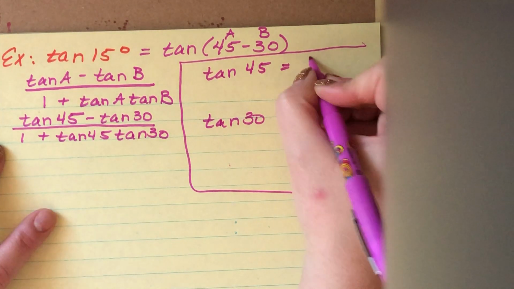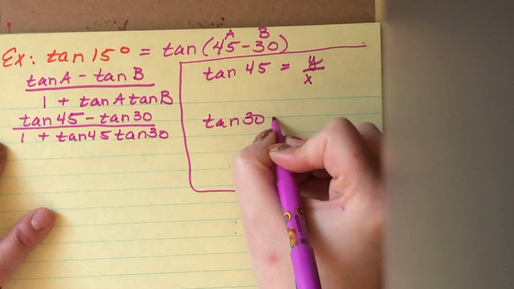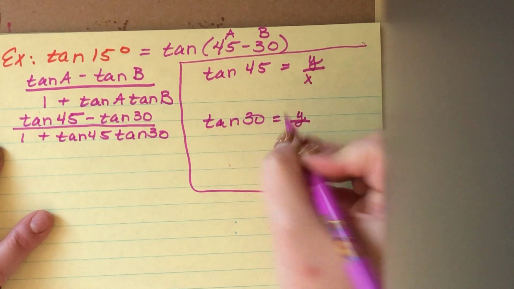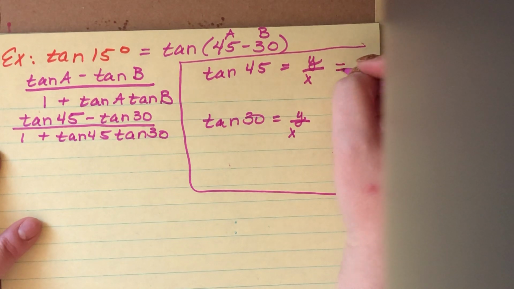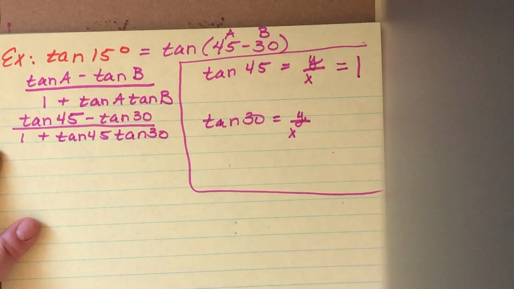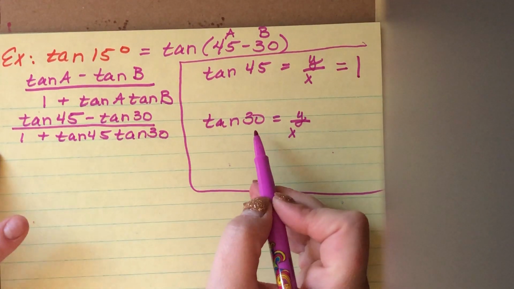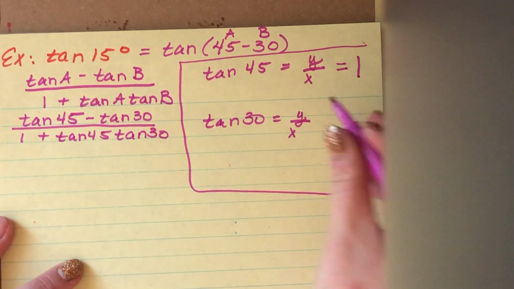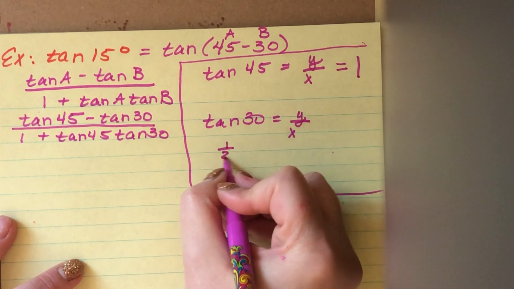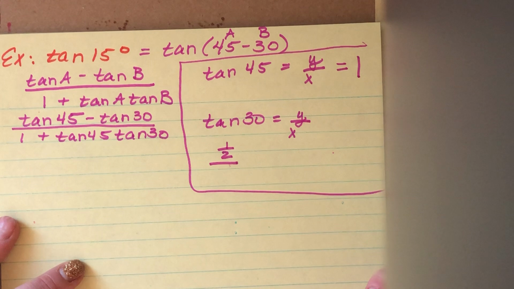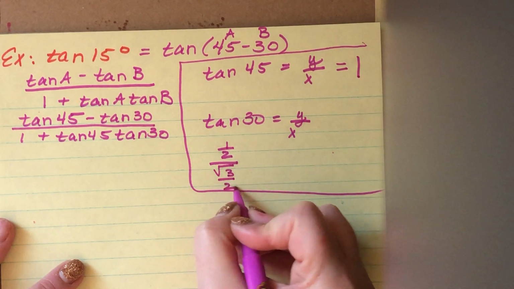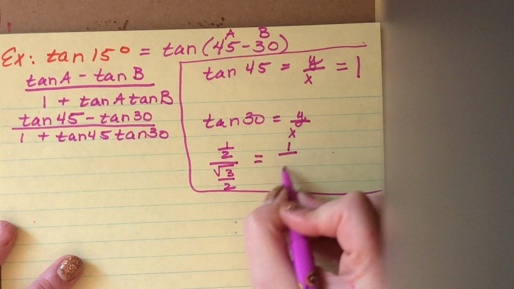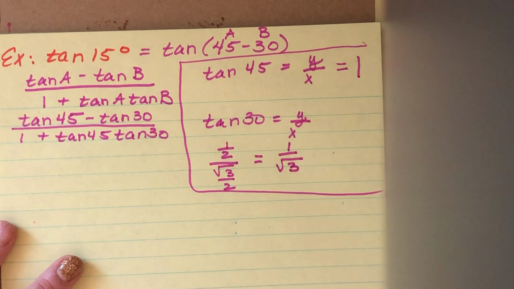Let's remember that tangent is y over x. So looking at 45 degrees, y divided by x is just 1. Looking at 30, the y value is 1/2 divided by x, square root of 3 over 2. That makes 1 over square root of 3.